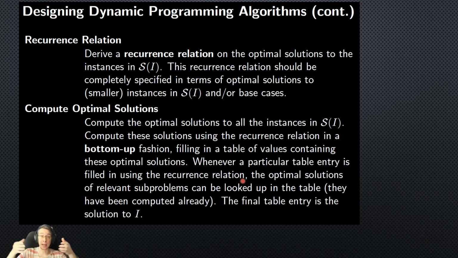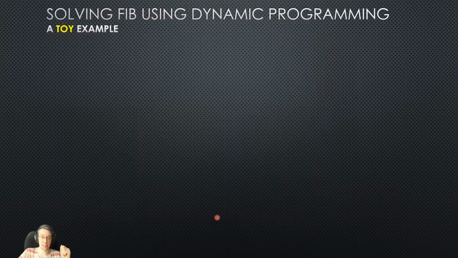You compute your smaller subproblems first, so when you want to combine the solutions to those subproblems into a solution to a larger subproblem, the smaller subproblems that it depends on are already computed from the bottom up. The final table entry is going to be the solution to the entire problem. The final entry you fill in is typically the solution to the entire problem.